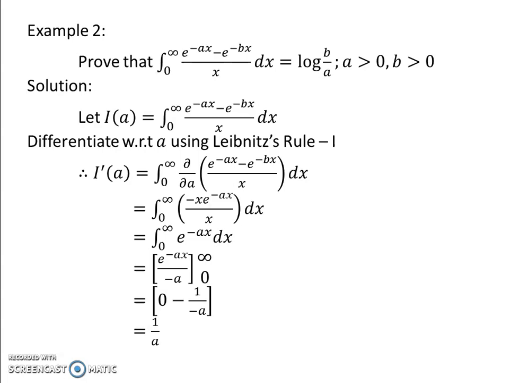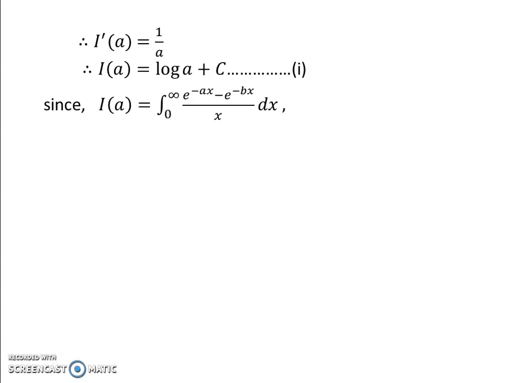Again, we want to calculate I of a. So integrating with respect to a, we will get I of a equal to log a plus c. Again, from equation number 1, we will call this equation number 1. Since I of a equal to integration 0 to infinity e raised to minus ax minus e raised to minus bx upon x dx, hence we will choose a equal to b because we want the integration as 0.